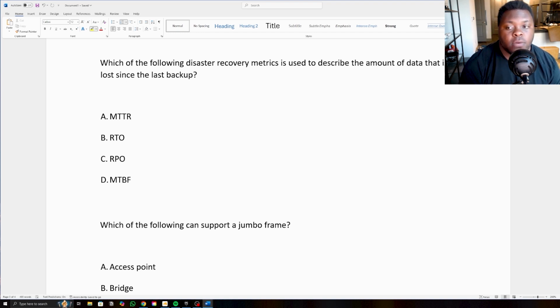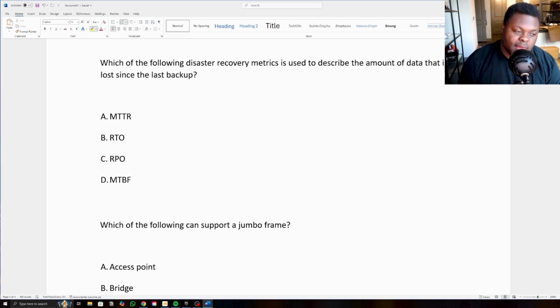We have RPO, which is recovery point objective. This is the amount of data lost measured in time. It's also the amount of data that must be recovered to resume normal operations for a business. And last, we have MTBF, which is answer choice D. This is the mean time between failures.